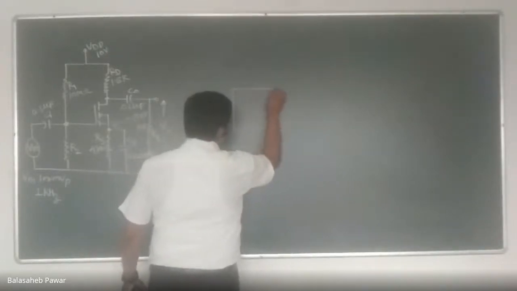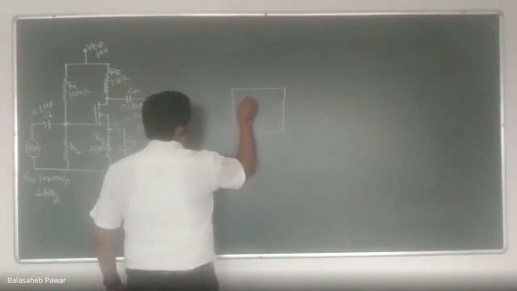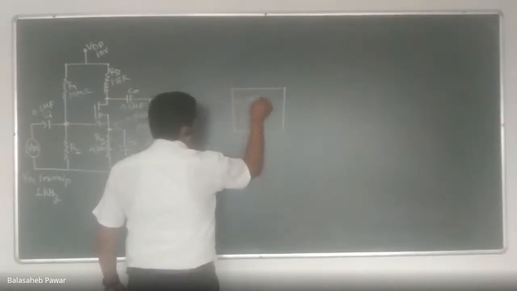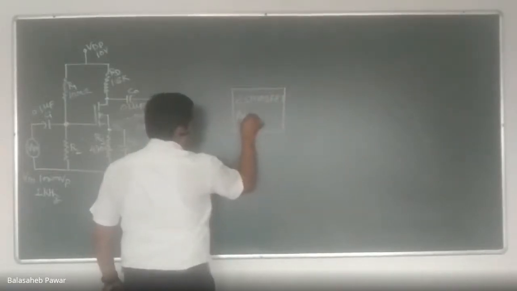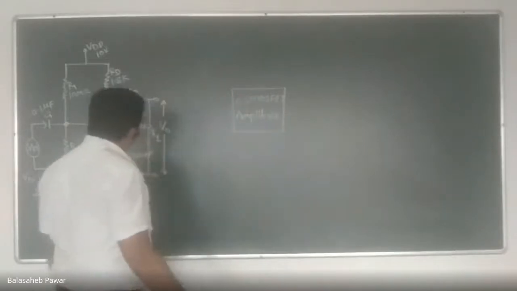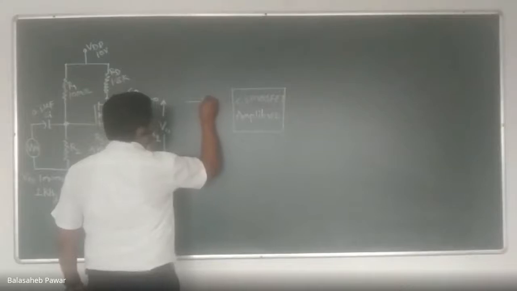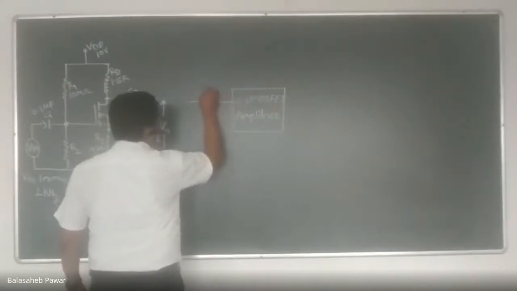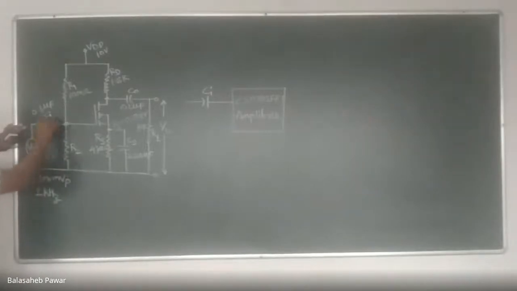So first of all, I will draw one simple block, and this is our CS MOSFET amplifier circuit. Here I will show one input coupling capacitor, CI, which we took as 0.1 microfarad.